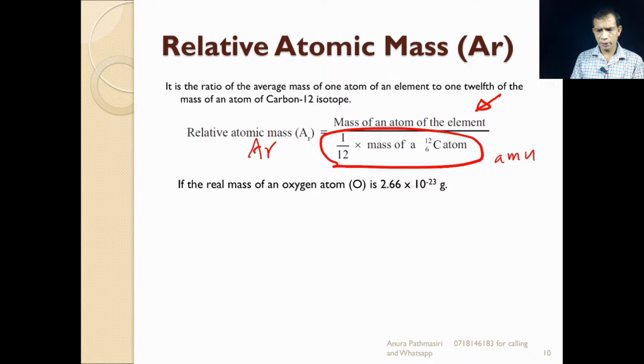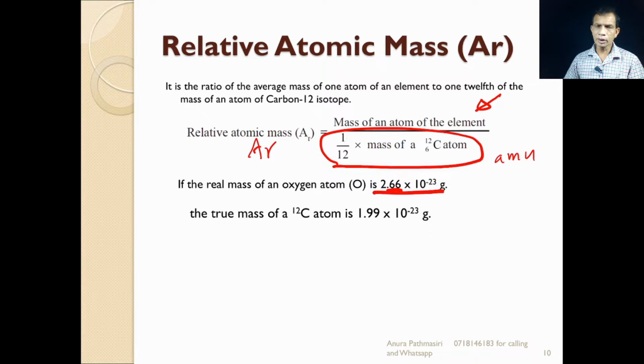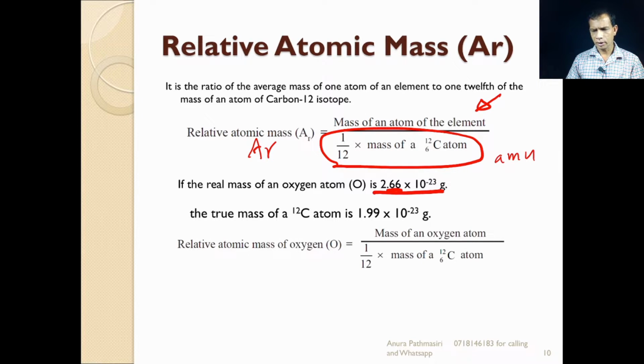If the real mass of an oxygen atom is 2.66 times 10 to the power negative 23 gram, and the true mass of a C-12 carbon atom is 1.99 times 10 to the power negative 23 gram, then when the mass of an atom of oxygen is divided by AMU, you will get the relative atomic mass. So the relative atomic mass is calculated in that way.